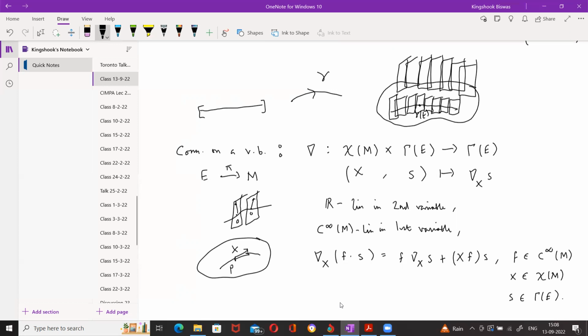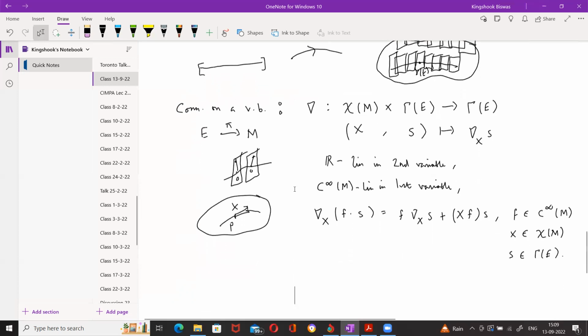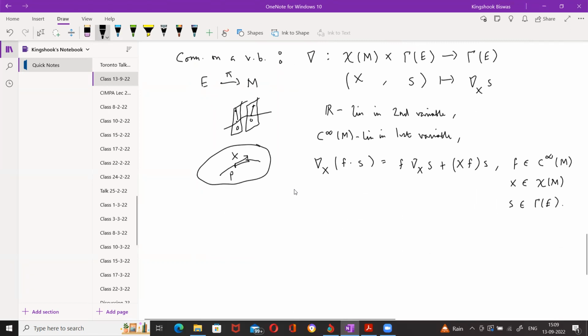Now, like we proved the existence of a connection, you can prove the existence of a connection on any vector bundle by a partition of unity argument. Locally, for a vector bundle, you have a local frame once you have a trivialization, e_i.